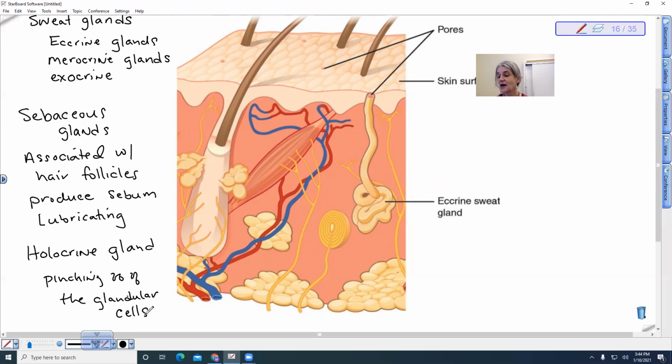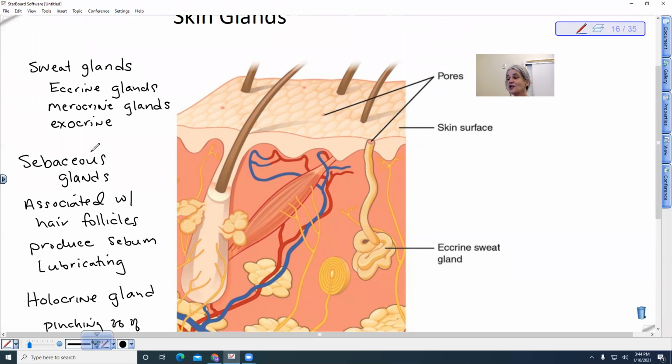And so those cells have to be replaced mitotically. There has to be cells that undergo mitosis to replace them. Okay. Now, sweat glands are found in a lot of different areas, like even your hands, right? Even like your armpits, you can sweat, right? It could be temperature control, or it could also be stress.